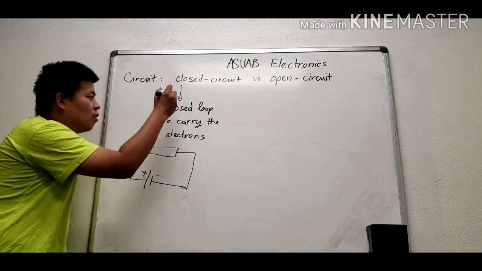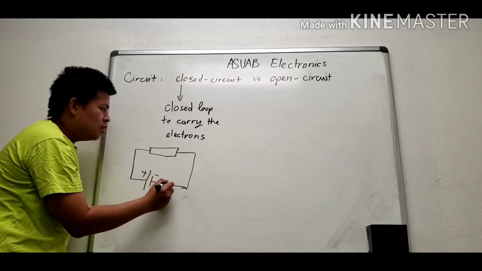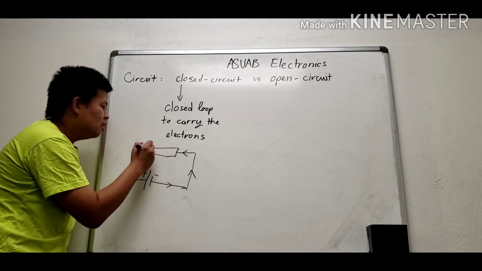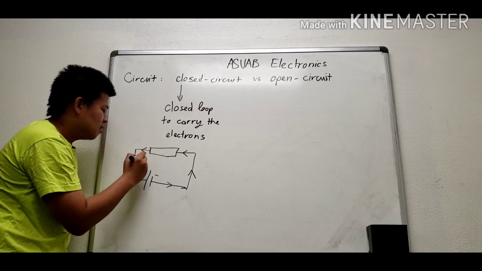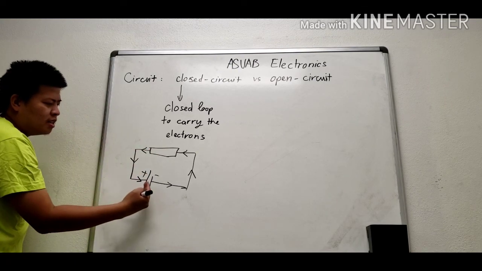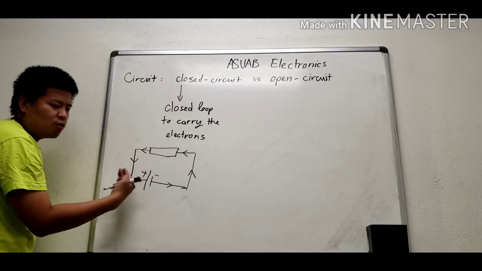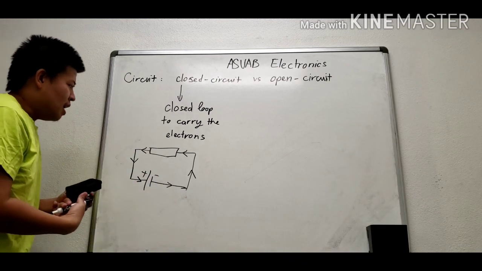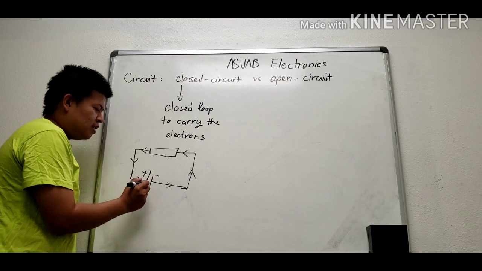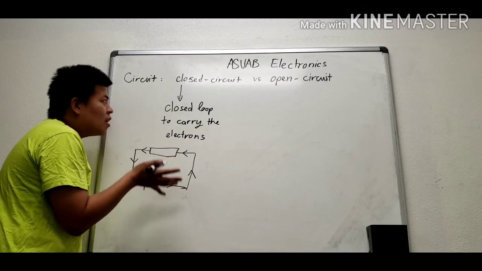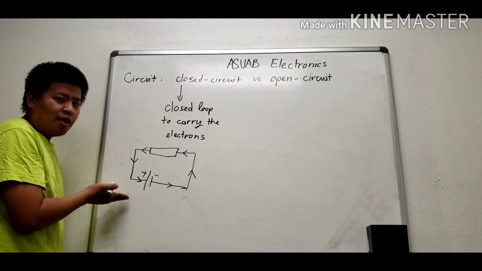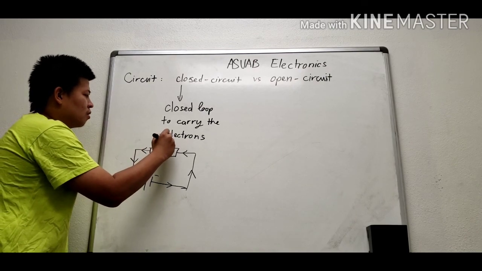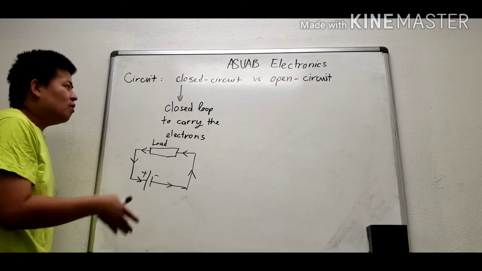In the closed circuit, the electrons go through the wire from negative to the positive. That is the basic closed circuit, and we need to know about that. Let's see about the load. I will talk about the load later.